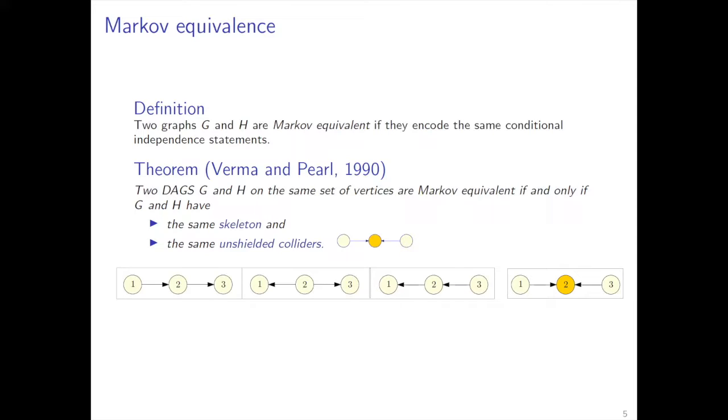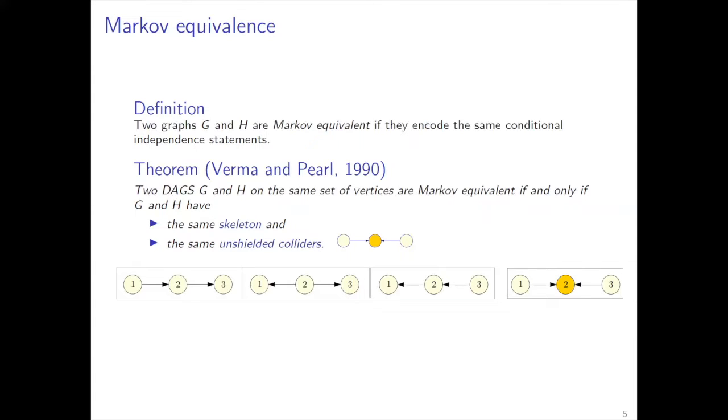I haven't defined most of these things, but if a distribution corresponds to a given graph, there are certain conditional independence statements that should hold for this distribution. They come from a graphical criterion called d-separation, which I'm also not defining, but I will give an example.